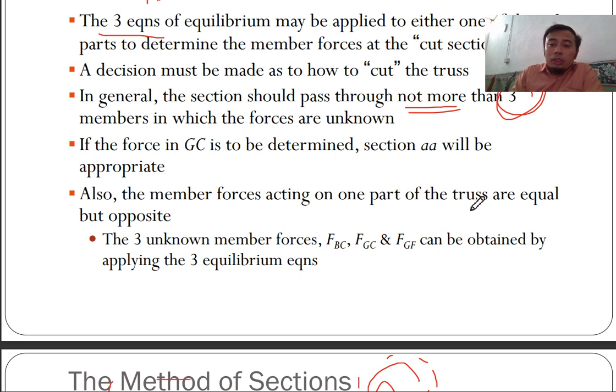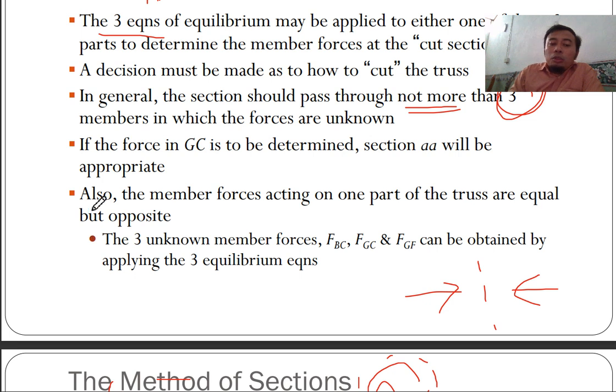Also, the member forces acting on one part of the truss are equal but opposite. This is similar to the method of joints, where you have a member here and a member here and you cut here. If the force is acting to the right, away from the joint, the other half would be in the opposite direction, so they would cancel out each other.